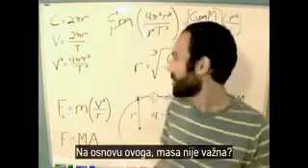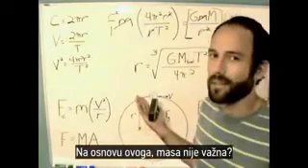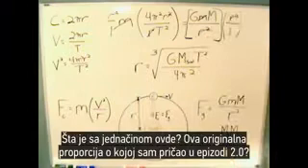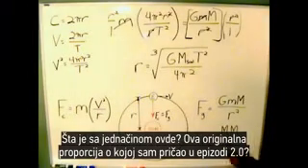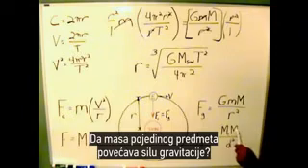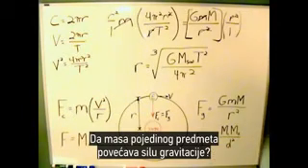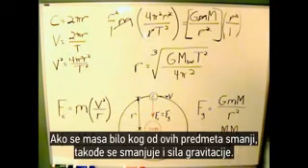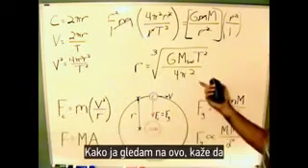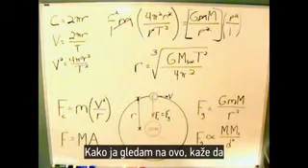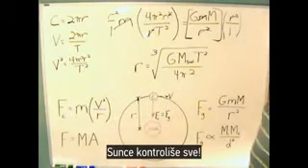So, based on this, the mass doesn't matter. What about the original proportion that I talked about in episode 2? As the mass of each object increases, the force of gravity increases. As the mass of one of those objects decreases, the force of gravity decreases. But the way I look at this, it's saying that the Sun controls only.